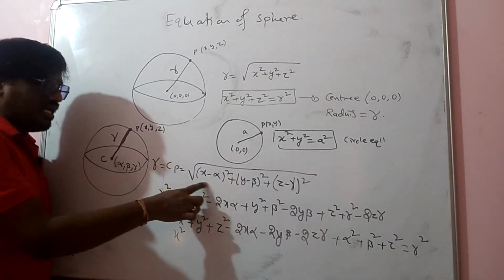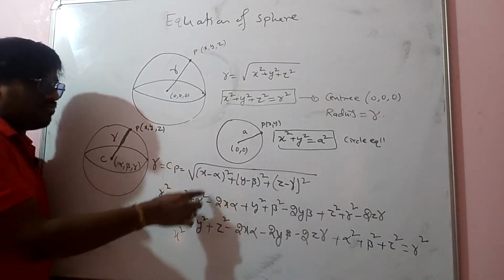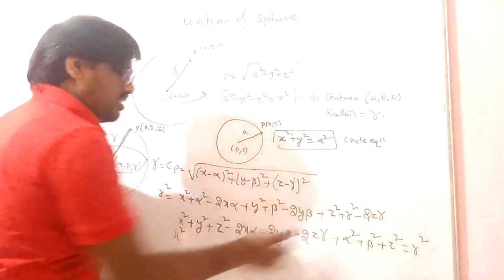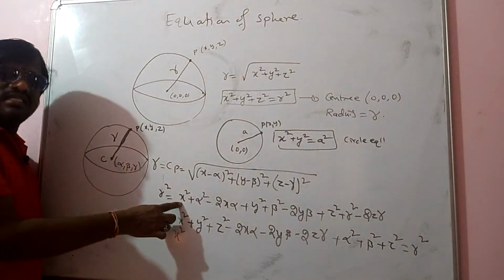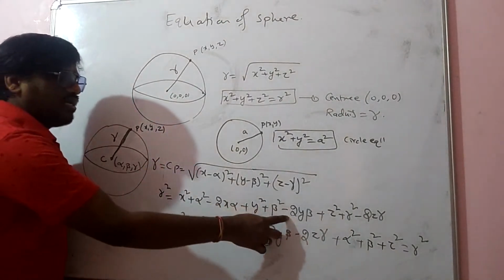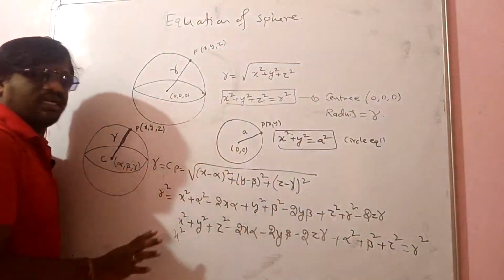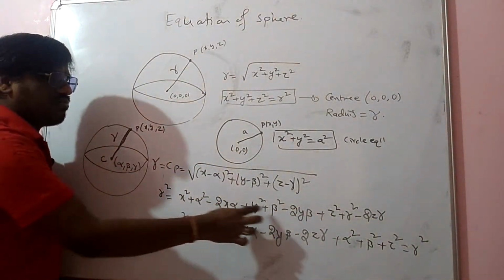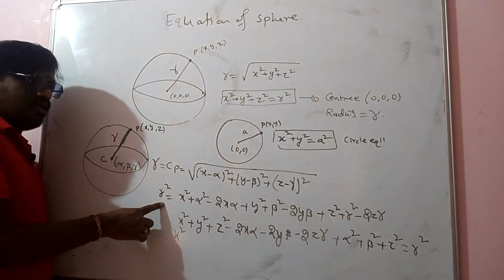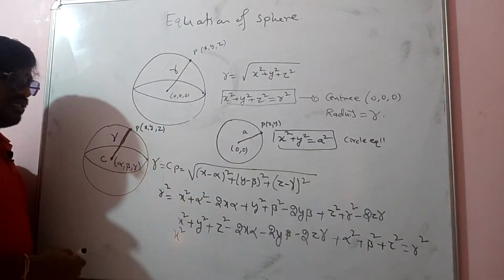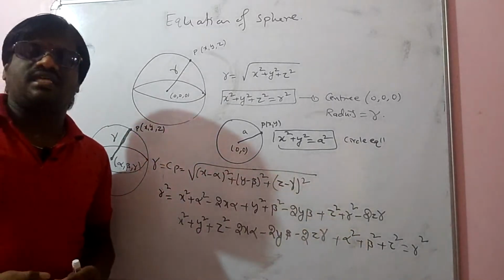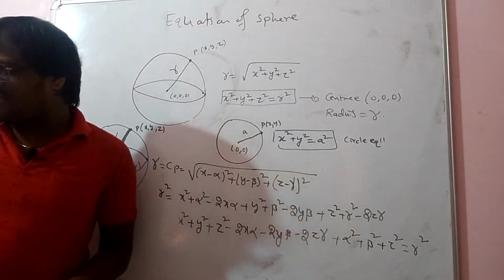Expanding this, I separated x square, y square, z square, then minus 2x alpha minus 2y beta minus 2z gamma, and then what is left, alpha square plus beta square plus gamma square, is equal to r square. So this r square, if I send it here, is modified into another form, and I am going to get the equation of the sphere.